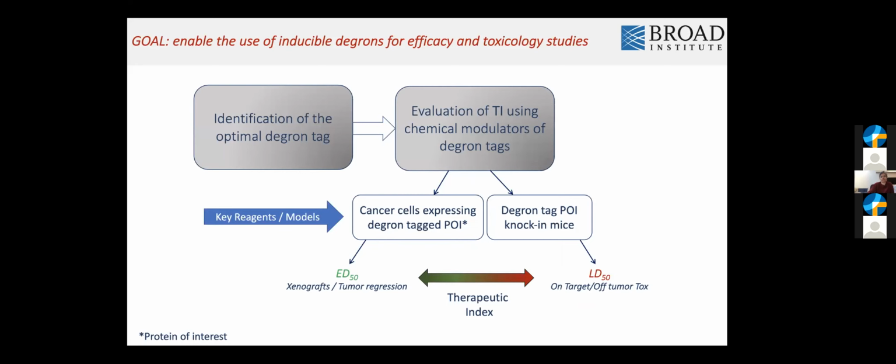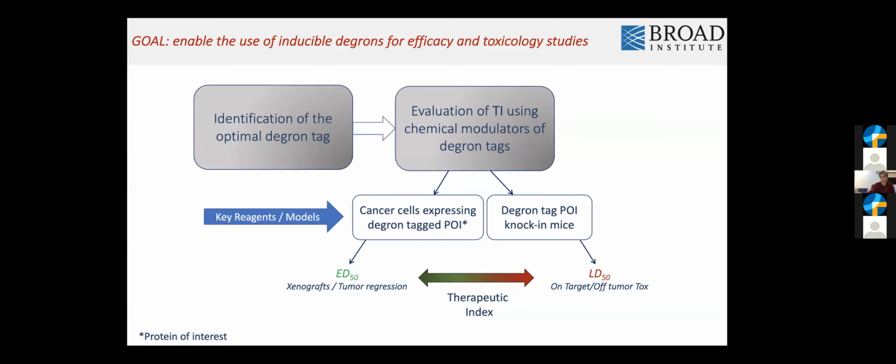Theoretically, this is a straightforward process, which involves the parallel generation of a cancer cell line of interest bearing the Degron fusion target that can be used for efficacy studies in xenograft models, and then in parallel, a mouse model where the Degron is knocked in at the endogenous locus of the gene of interest and expressed as a fusion protein across the whole body.